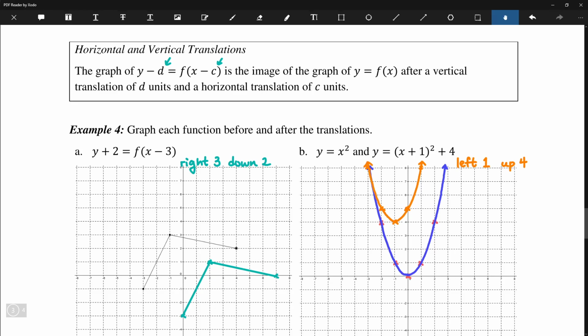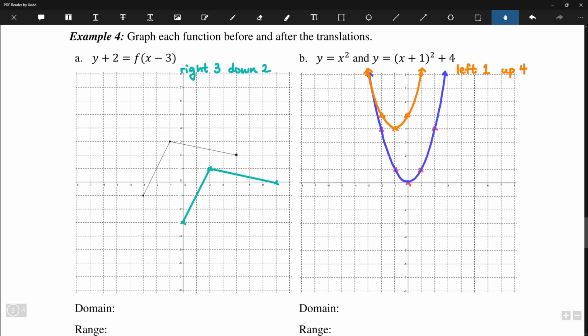That's it. So let's look at the domain and range of the final graphs. So the domain here would be 0 to 7, and the range is from -3 to +1.